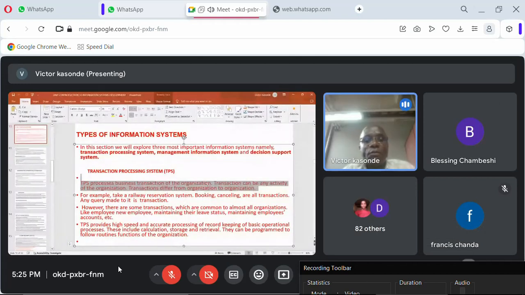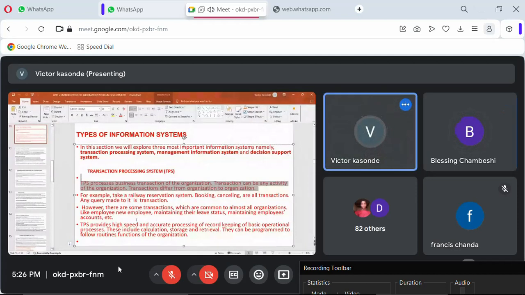MTN and CBU or the bank sector. It can be different. That's why we are saying transactions differ from organization to organization, because CBU is totally different from MTN.